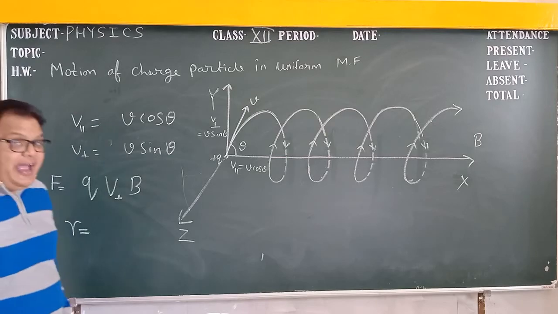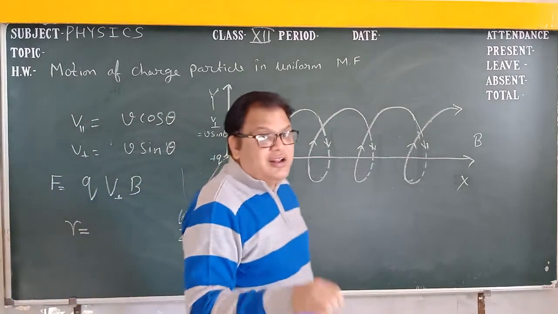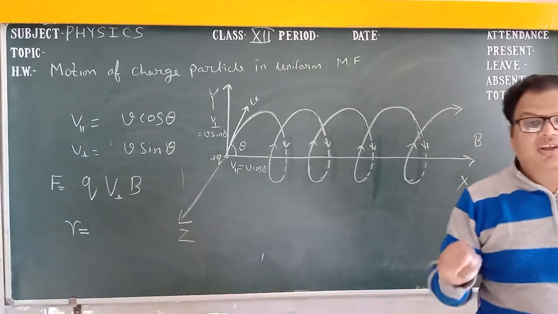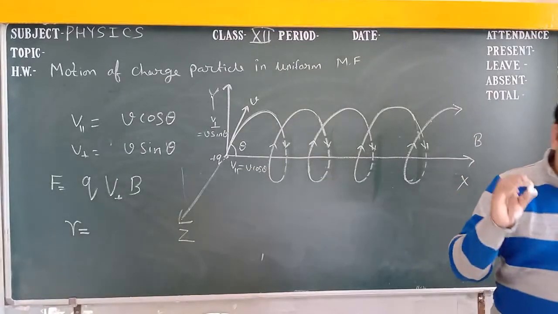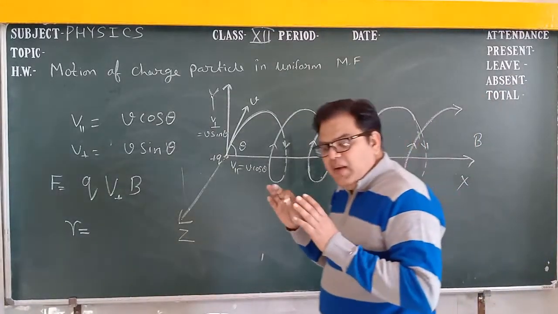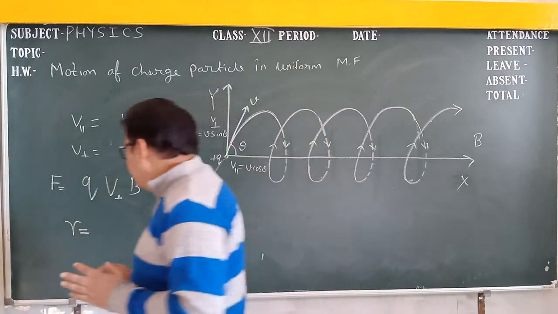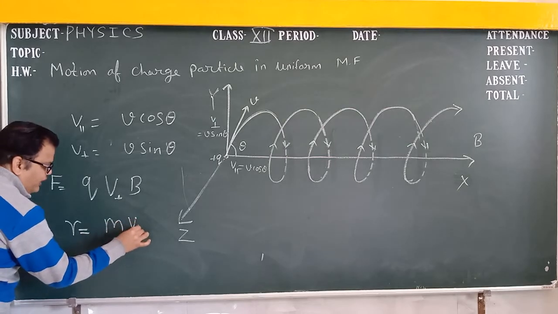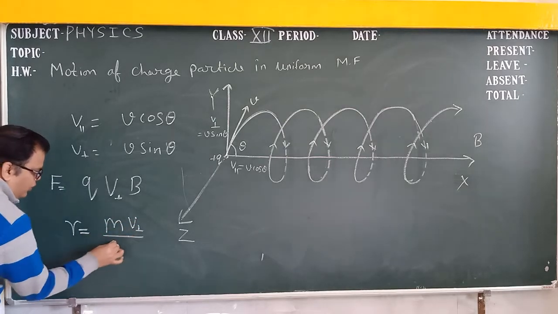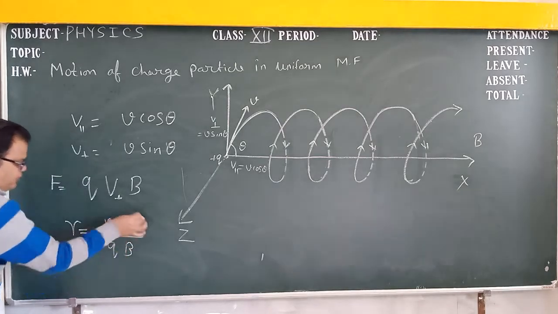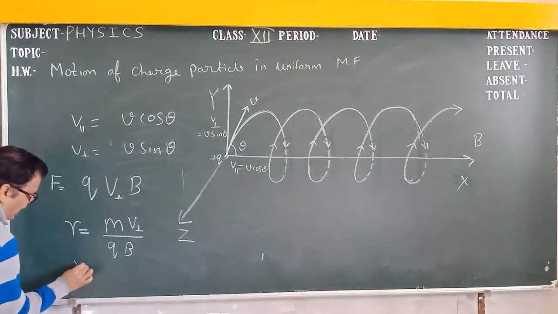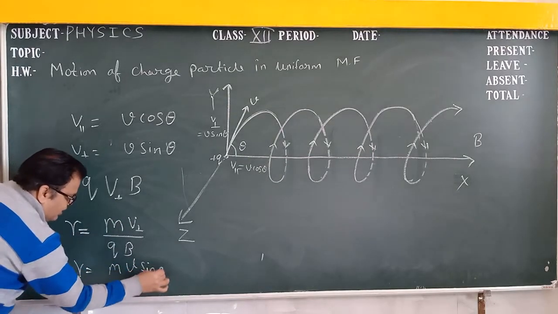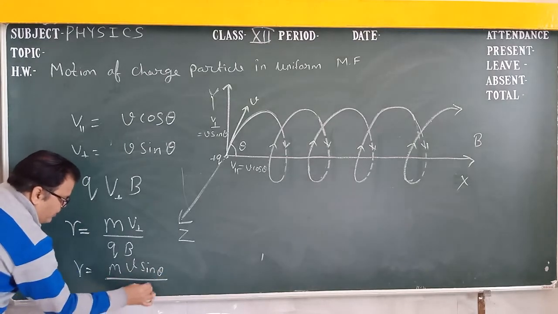What is the value of R? We found it in our previous video. R equals mv upon qB, but instead of v, here V perpendicular upon qB. So just put the value of V perpendicular: R equals m V sin theta upon qB.